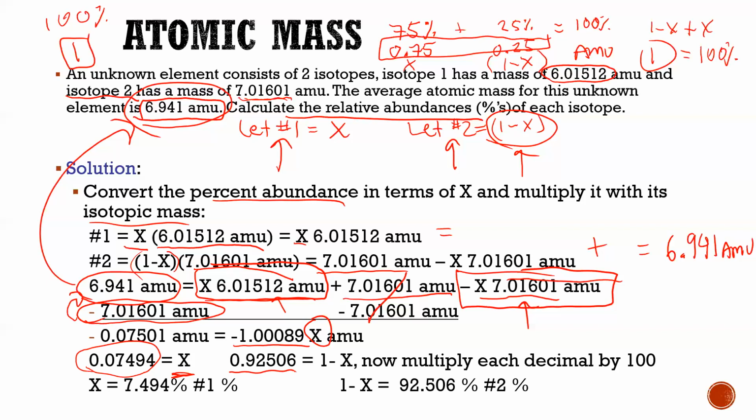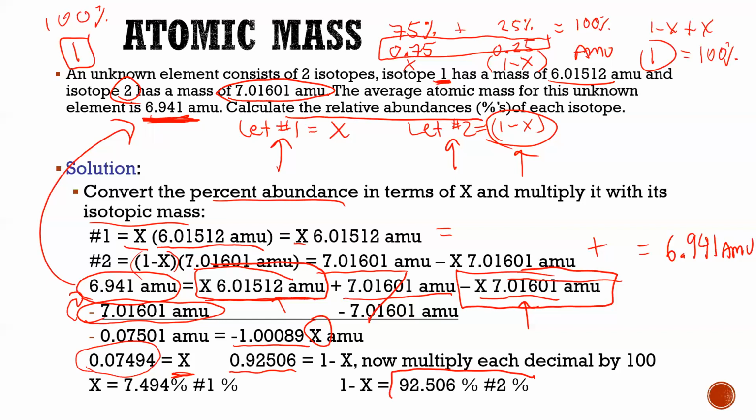And I got a lot of chicken scratch up here, so I apologize. But if we look at this, isotope 2 is basically 7. And if I look at the average, it is much closer to 7 than isotope 1 having a mass of roughly 6. And that makes sense.